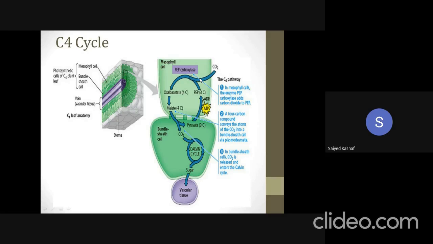So the main function of rubisco depends on the concentration of CO2 or O2. Note this: if the O2 concentration is higher, rubisco will do oxygenation, and that leads to photorespiration. That is a doubly wasteful process that we will discuss in later slides.